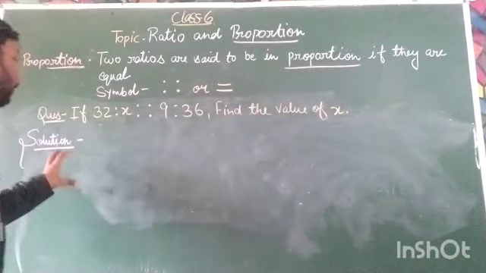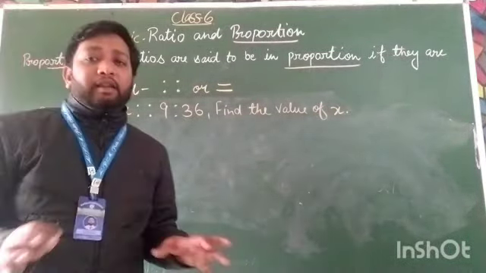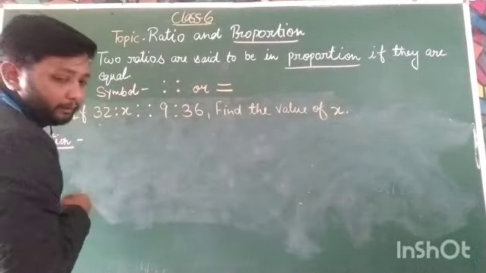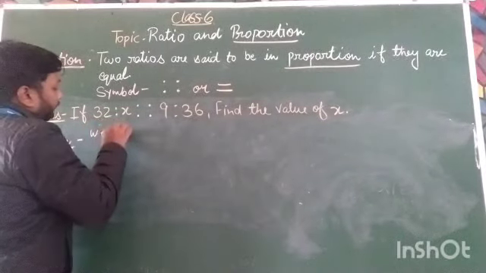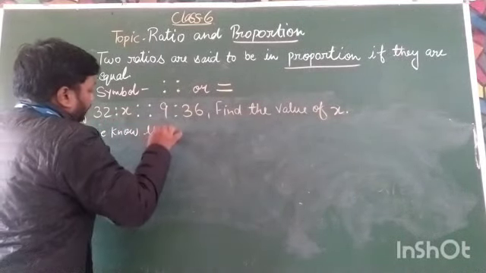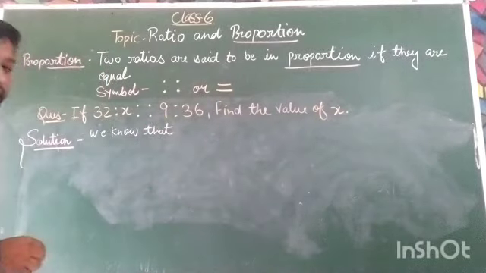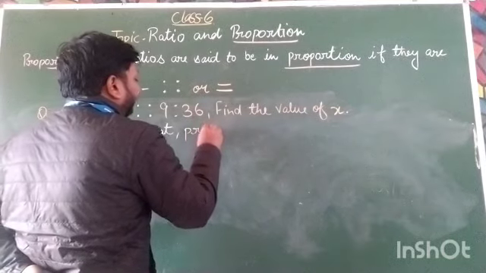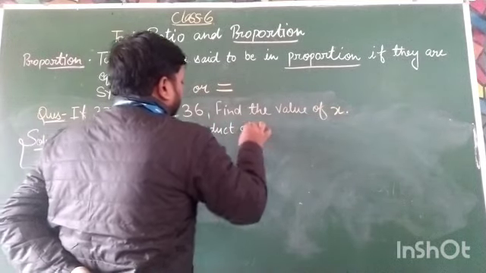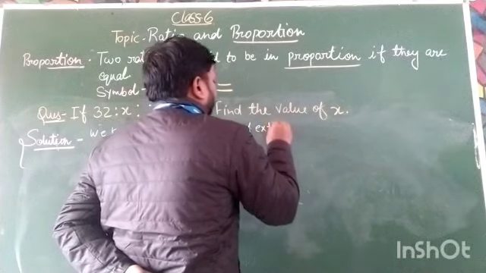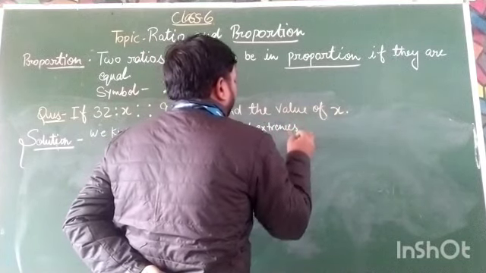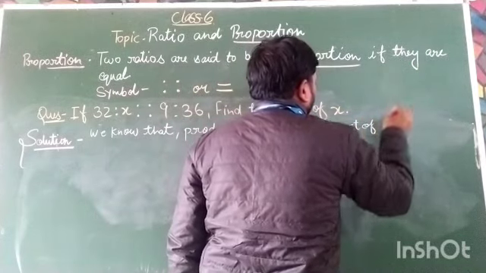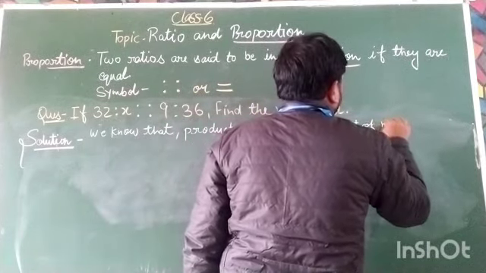Now, how to solve this question? We can write this in equating form. We know that the product of extremes is equal to the product of means.